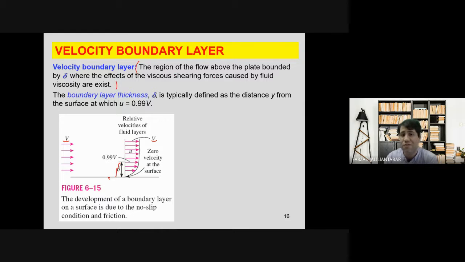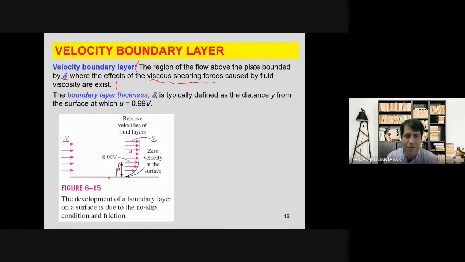The region of the flow above the plate bounded by delta is the distance where the effects of viscous shearing force caused by fluid viscosity exist. So this is due to the shearing force coming from the surface to the fluid.